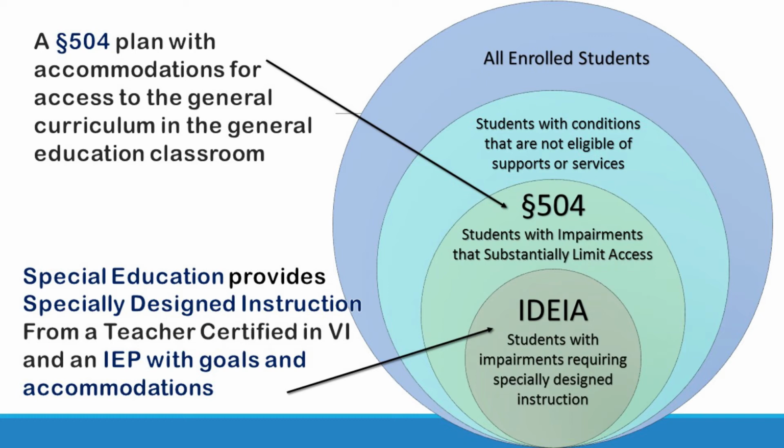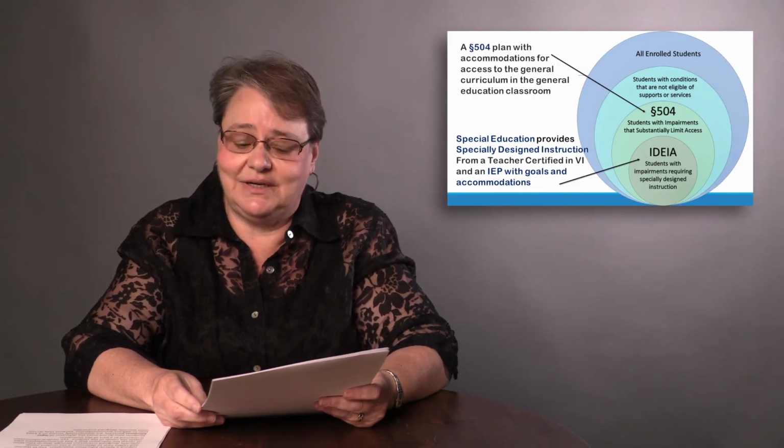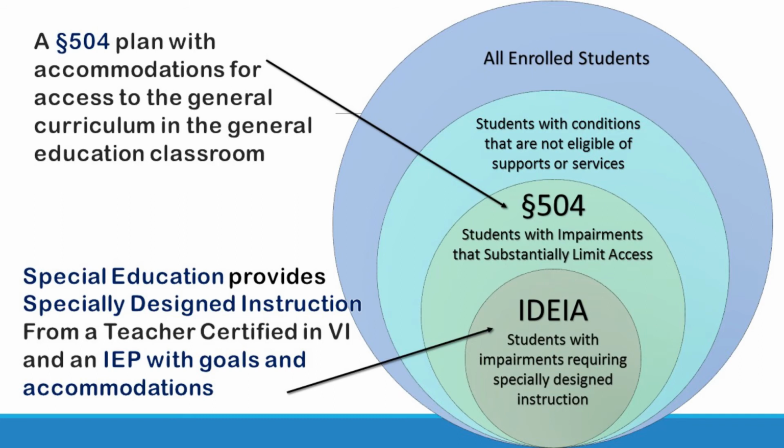This may include, but is not limited to, large print, magnifiers, and instructional considerations tailored to the student with a visual impairment. If specially designed instruction is needed for the student with a visual impairment, special education becomes the foundation for the support that the student needs. The process of learning to read Braille and learning the environment with a certified orientation and mobility specialist are part of the special education services.